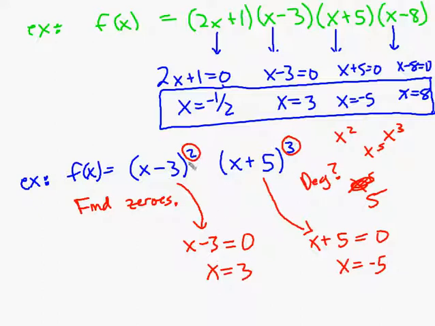Now, it actually doesn't change the answer any. It just means this root happens twice. So I'll say multiplicity 2. Because it's squared. And this one right here, I'll say multiplicity, what do you think? 3. Because it's cubed. It happens 3 times.